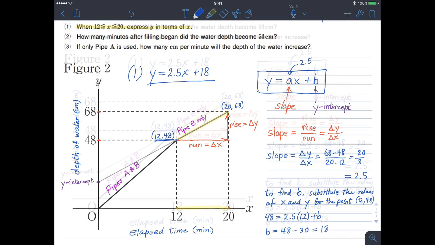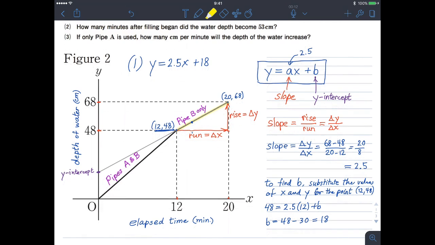Question 2 asks us, how many minutes after filling began did the water depth become 53 centimeters? So, looking at our graph, we see that when the depth is 53, that corresponds to this point on the graph.